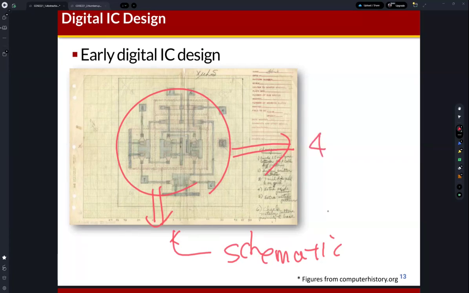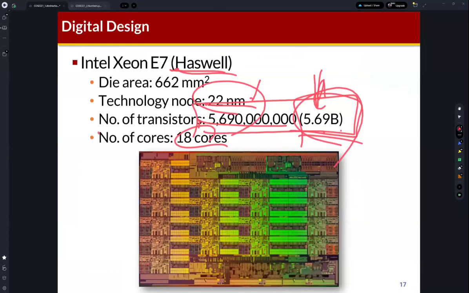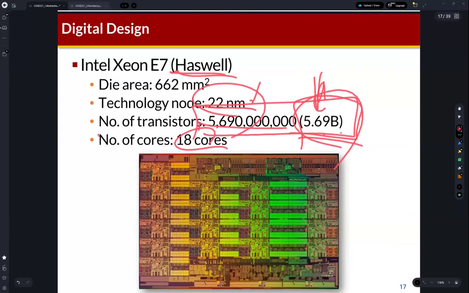Maybe 4 to 6 transistors, right? A human engineer designed this circuit. And then a modern chip includes billions of transistors. How can you design that? Oh, it's not possible. Someone says that Intel has aliens, so aliens can design their CPUs, but it's not true. Humans designed the Intel CPU.